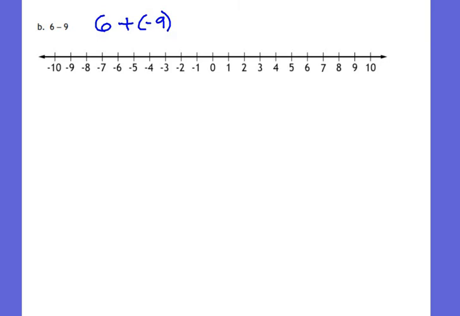I'm going to draw my first arrow to where? 6. Am I going to continue heading in the positive direction or head to the negative? Negative. Okay, and that line needs to be 9 long, so 6, 7, 8, 9. We head, and where did we stop? Negative 3 would be my answer.